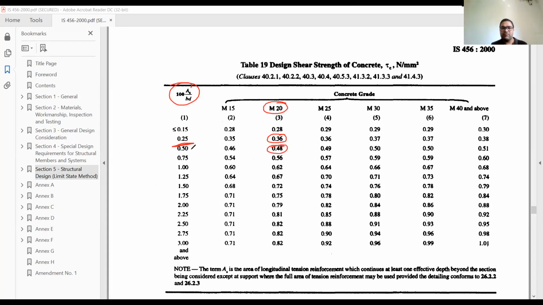But we have rounded off this value to 0.50, so we will take the value of tau c directly as 0.48. But again, I'm telling you, you will have to find out the actual value of tau c by interpolating between these two values. Now I'm taking the direct value of tau c as 0.48 in the problem. Now I will again show you the PPT.